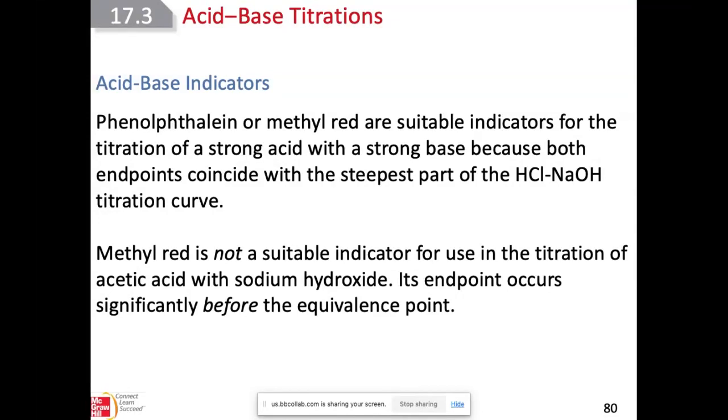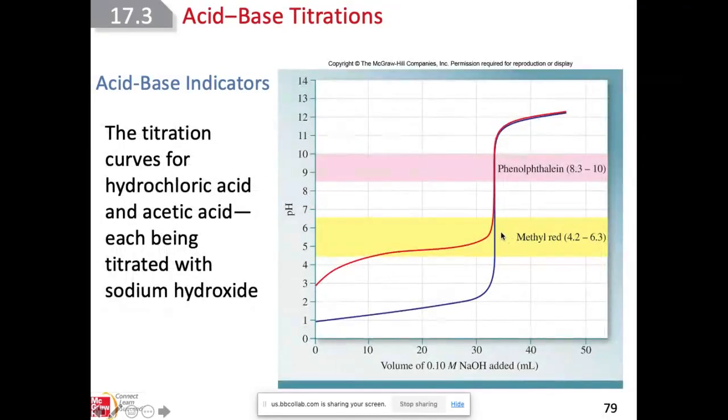But methyl red is not suitable for acetic acid with sodium hydroxide. It will change its color much sooner than the equivalence point happens. So in that case we need to use phenolphthalein. Once again, a lot of the time we just use phenolphthalein. But methyl red will be okay for a strong acid and a strong base, but not for a weak acid with a strong base.